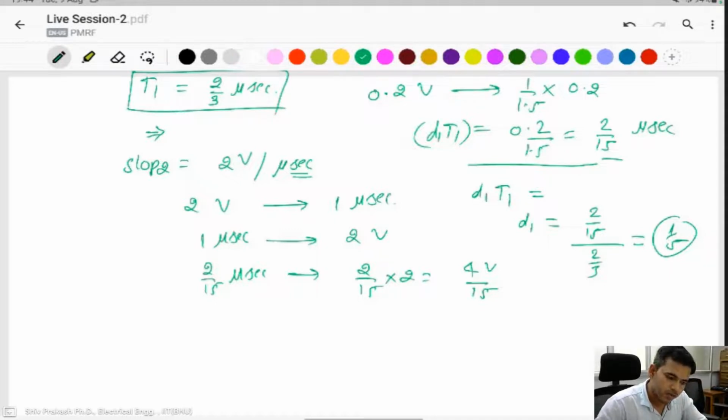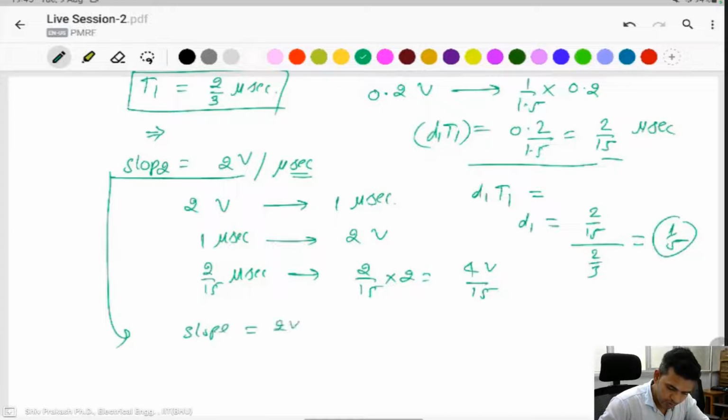This one is constant. If you find here from the slope, find the time first, to find the time period. If the slope is 2 volt per microsecond, then the time period is 1 by 2, equal to T2.